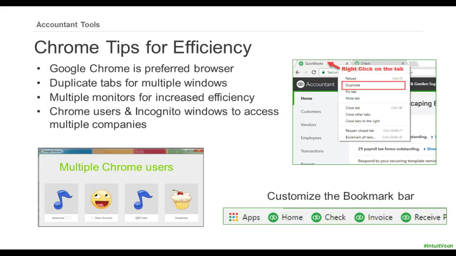It's really a function of the browser, not a function of the app per se, but we have the ability to duplicate a tab within Google Chrome. That's what's depicted here. So if you're in one window and you want to duplicate that window so that you could do something different on that second window, you simply right-click on the tab within Chrome and choose Duplicate.